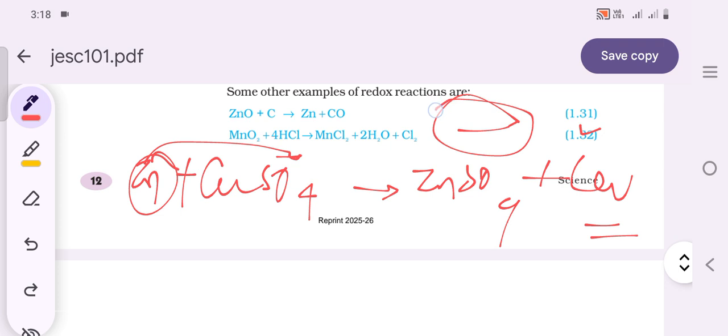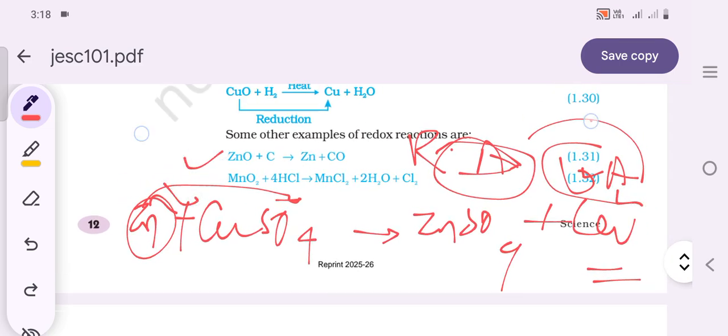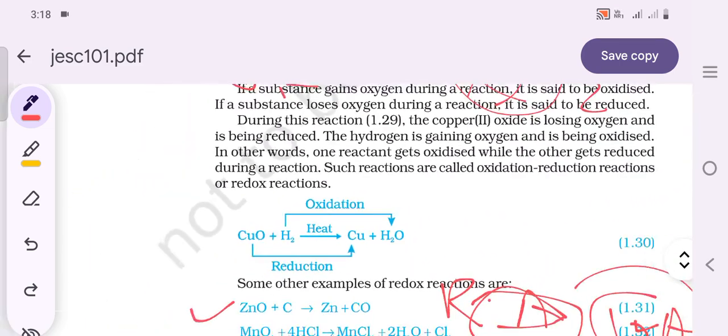The substance which is being oxidized is said to be the reducing agent, and which is being reduced is said to be the oxidizing agent. Hope you understood. Some other examples are given, and here copper oxide plus hydrogen, copper oxide is being reduced.